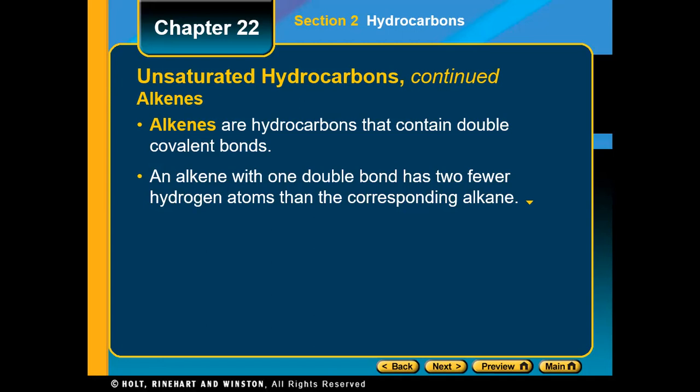And let me ask, why does that happen? Because it's a double bond. Yes, that's correct. Because the double bond is taking the place of the two hydrogens that are not present.